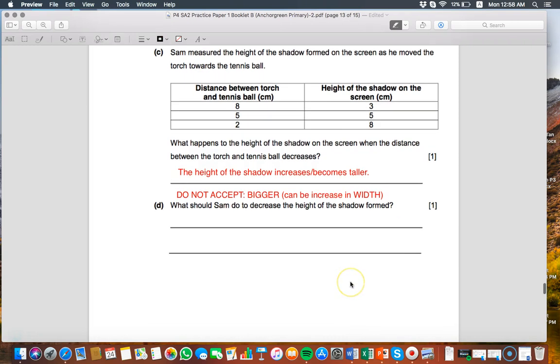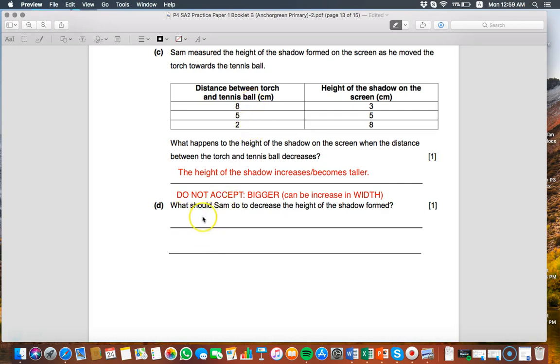Next, what should Sam do to decrease the height of the shadow formed? Look at the relationship here. When you decrease the height of the shadow from 8 cm to 3 cm, look at the distance between the torch and the tennis ball, from 2 cm to 8 cm.